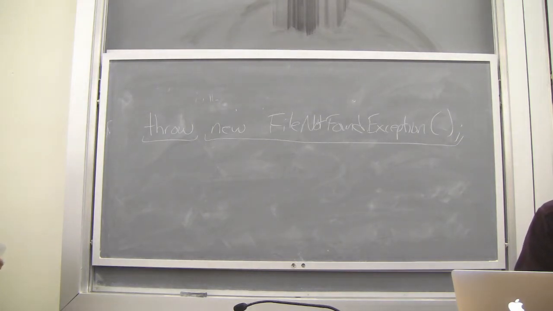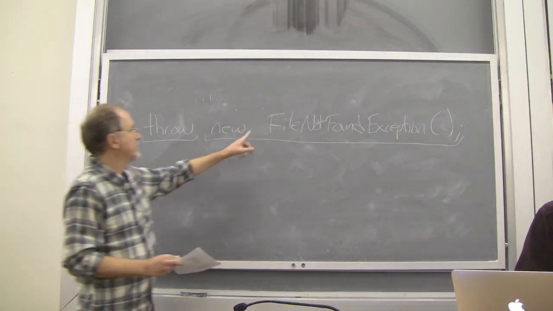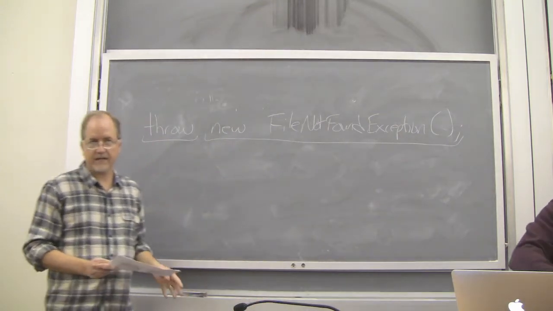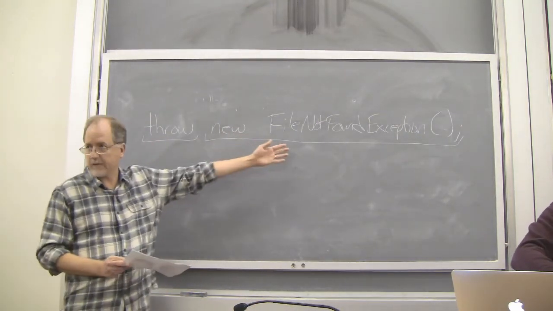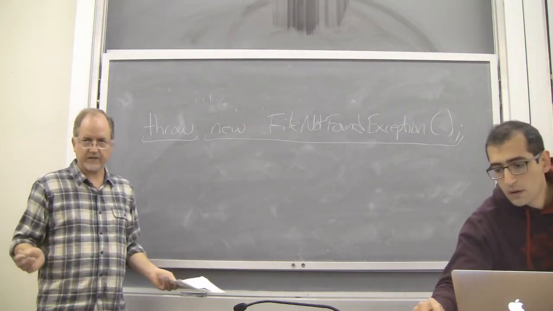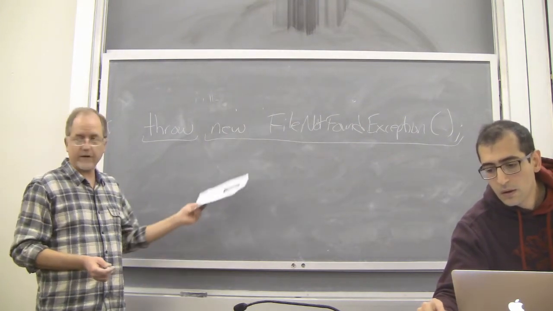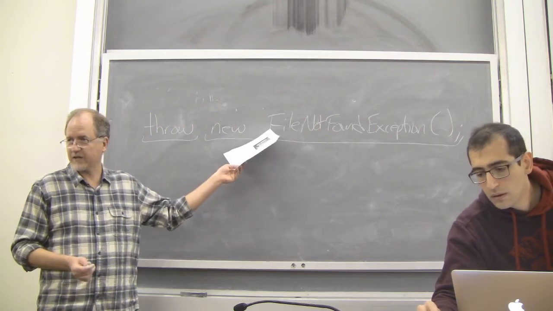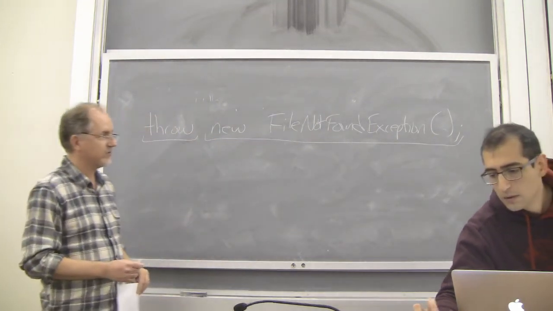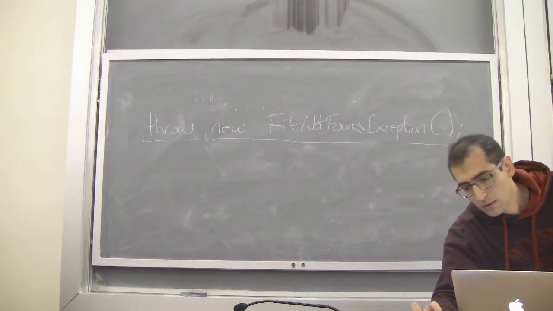And it looks around the code to see who should catch it. If someone finds it, it passes this object to the catch, and E now references this object. It's sort of an awkward way of passing parameters to the catch, but we're making an object, and that gets sent to the catch.